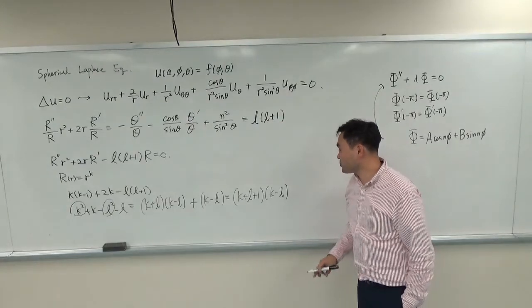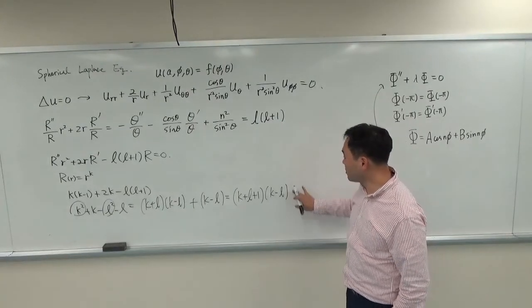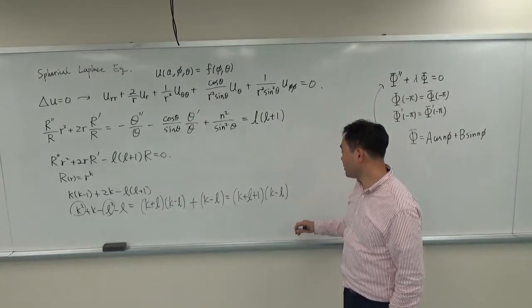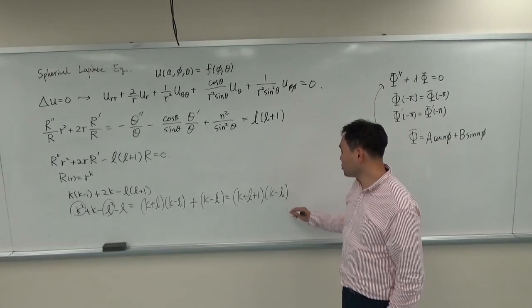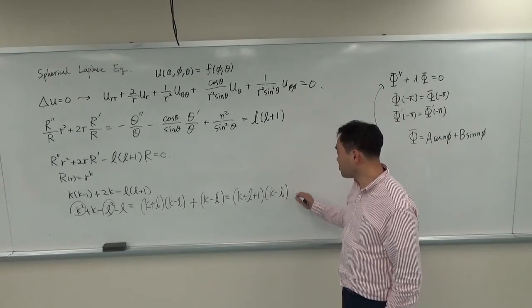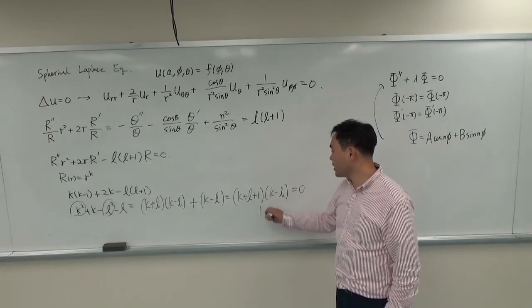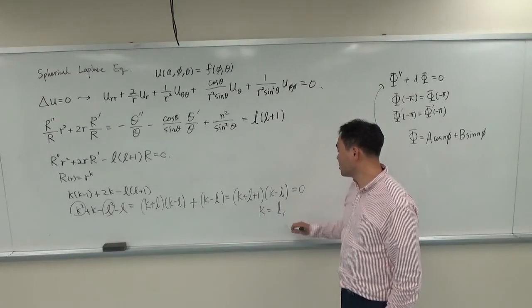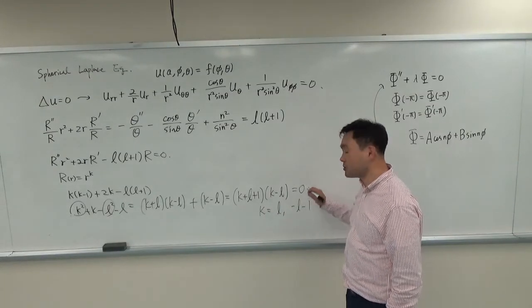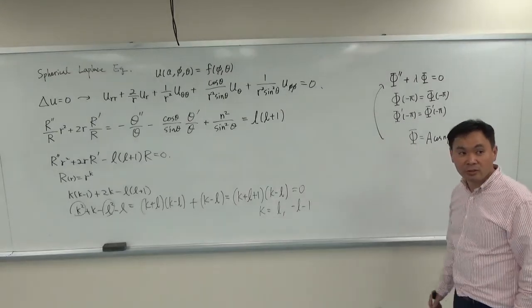And with this L, we have a solution which says that for this to equal 0, k must equal L or negative L minus 1. Okay.